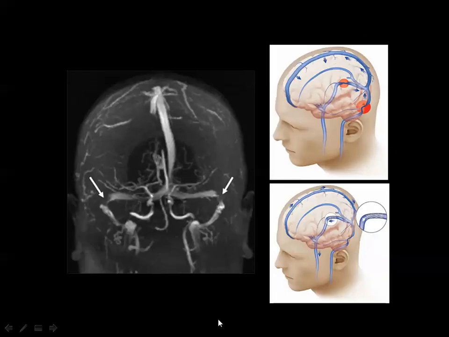I consider this image by itself diagnostic for idiopathic intracranial hypertension whenever you see bilateral, almost symmetrical, marked stenosis of the lateral part of the transverse sinuses. And one of the interventional techniques to relieve this idiopathic hypertension is to put a stent in this stenotic segment. It will relieve the symptoms.